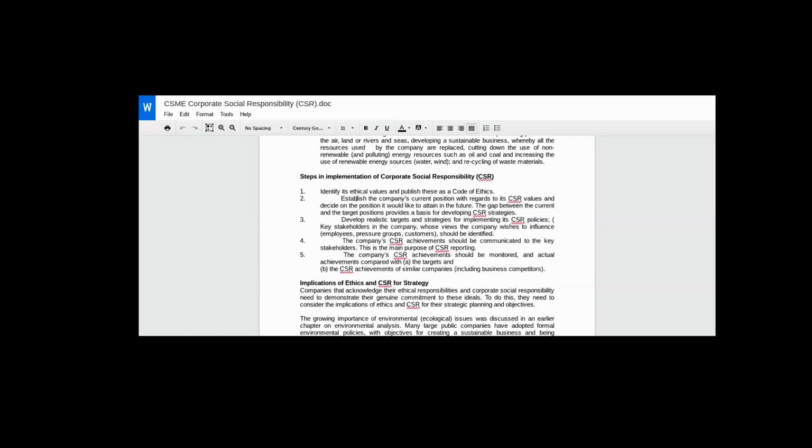Number 2, we must establish the company's current position with regard to CSR value and decide on the position it would like to attain in the future. What is our current position in terms of CSR? Our current position should be that our company pays greater value and commitment to CSR.